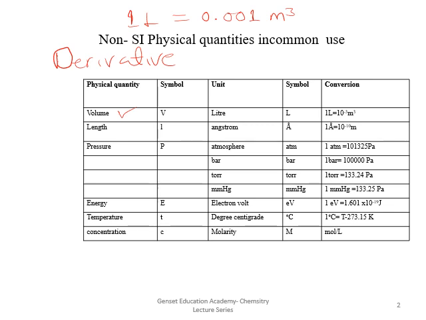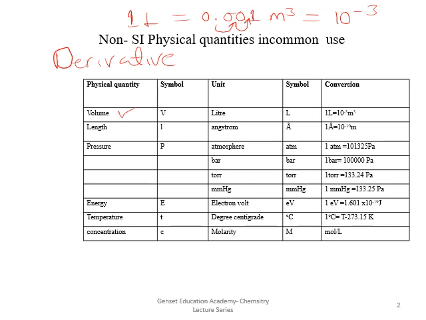So whenever you see 0.001, it's basically 10 to the power negative 3, because we're moving this point 3 times. So it will carry that negative, as we already know from high school.